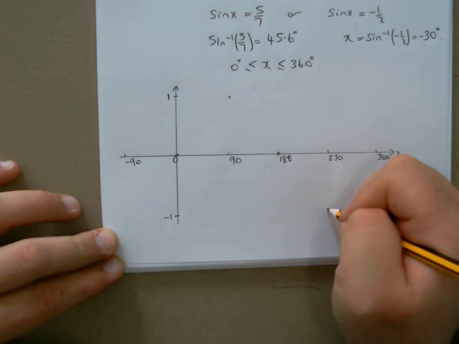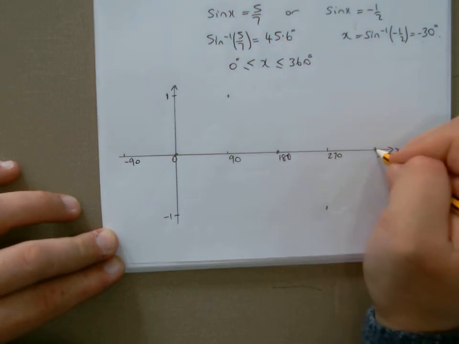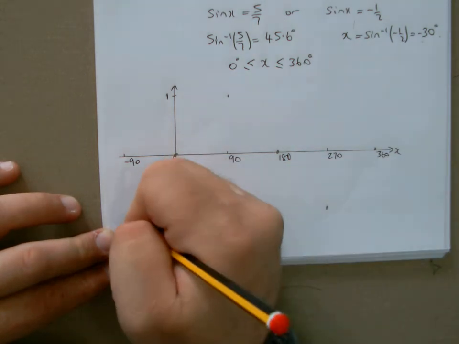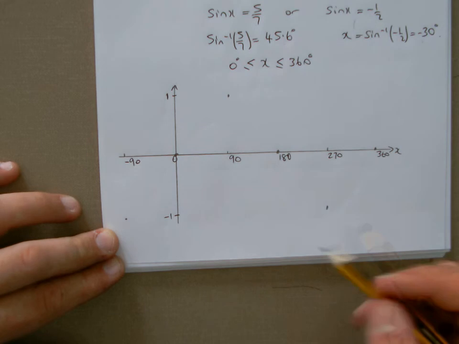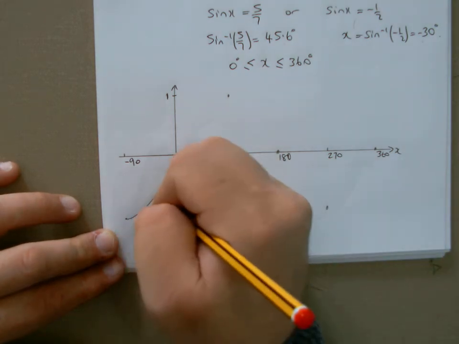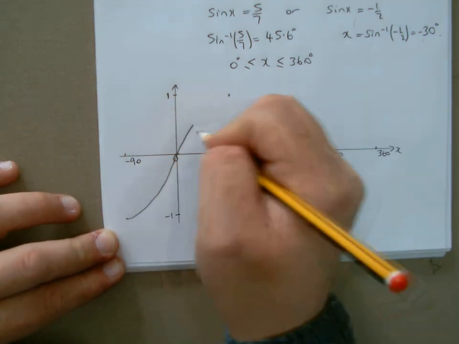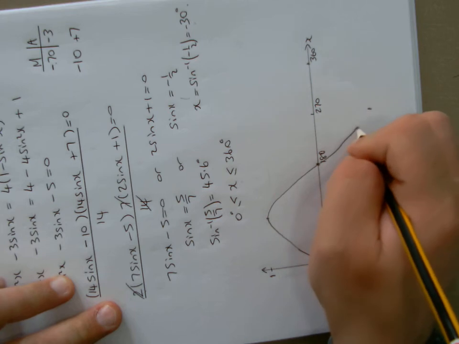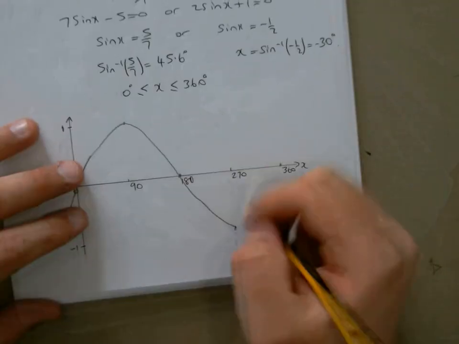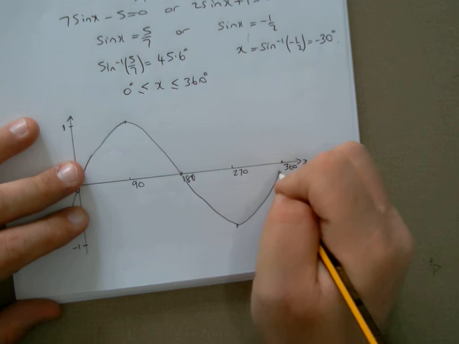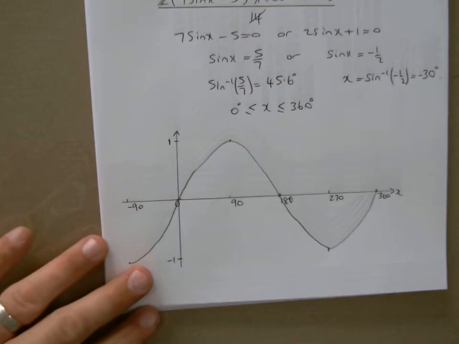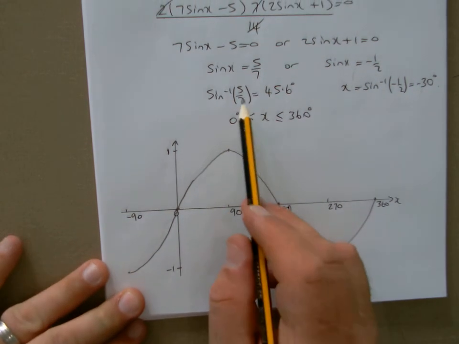Sine 270 is minus 1. Sine 360 is 0, and sine minus 90 is minus 1. So it looks like it's zigzagging, but we need to draw a curve there to get the sine wave as it should look. The fact that we've drawn an accurate scale really does help us get a realistic sine-looking graph there.